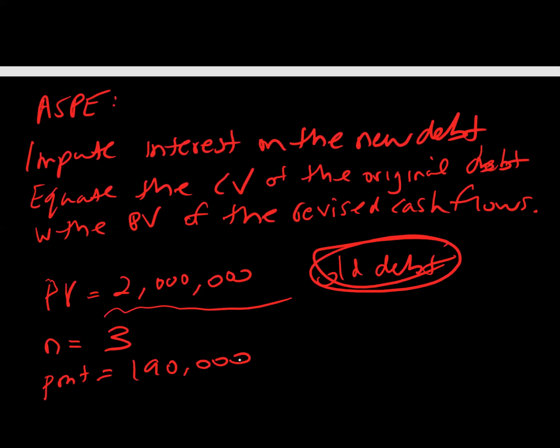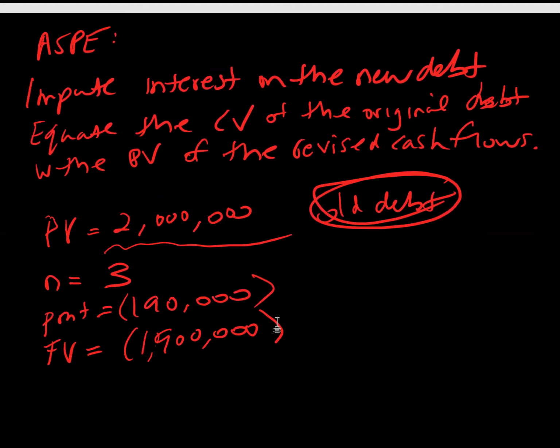This is what Red Bank is going to expect, and it's the exact same between IFRS and ASPE. And the future value of the debt is going to be 1.9 million. The payment and the future value need to be negative in this calculation.